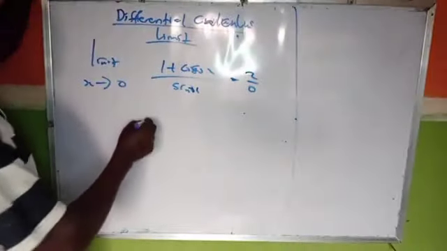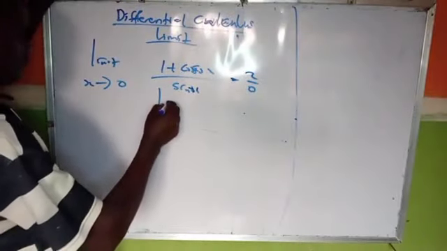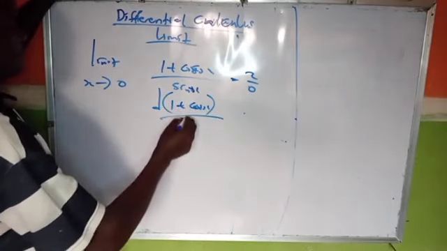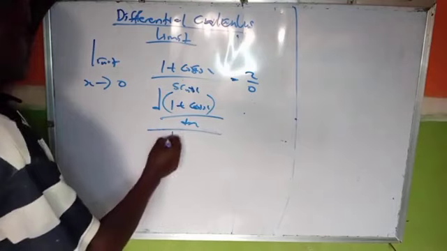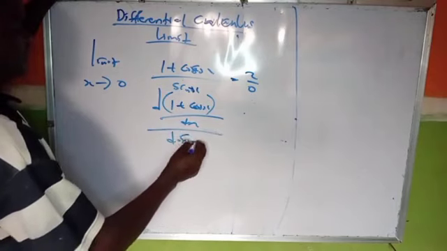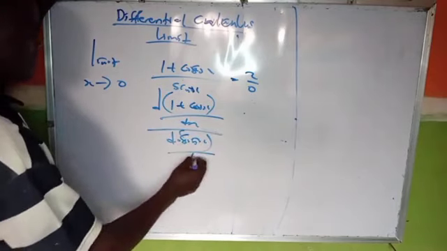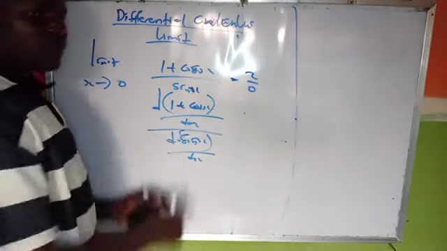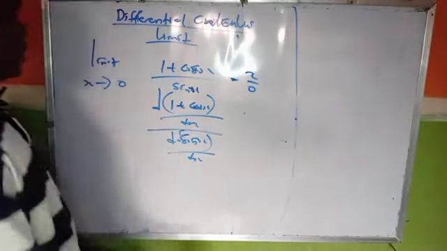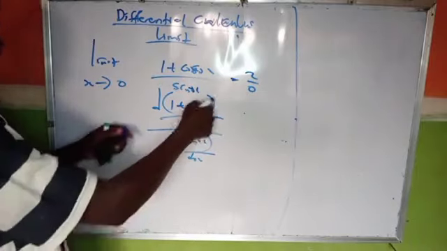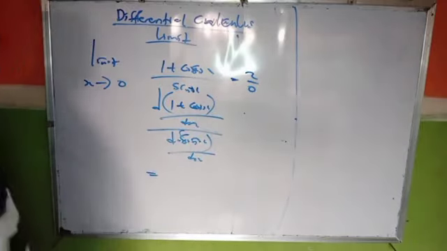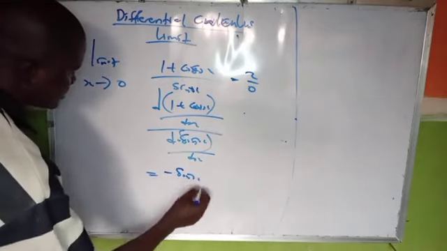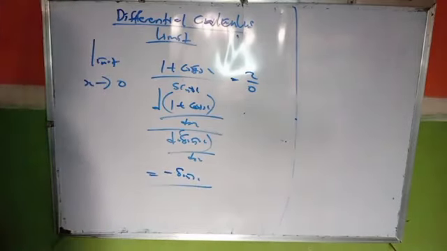So if you want to use L'Hopital's rule, take the derivative of the numerator, sine x, over the derivative of the denominator, 1 minus cos x. Now look, derivative of 1, a constant, is 0. What's the derivative of cos x? Derivative of cos x is minus sine x, so the denominator becomes sine x.